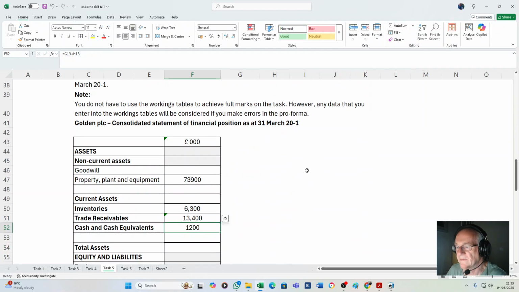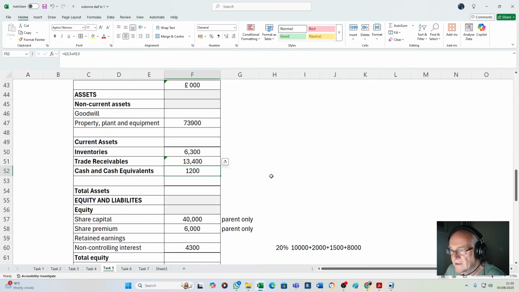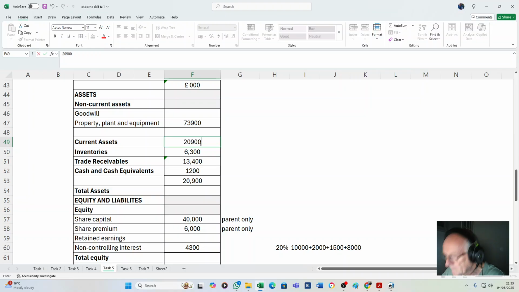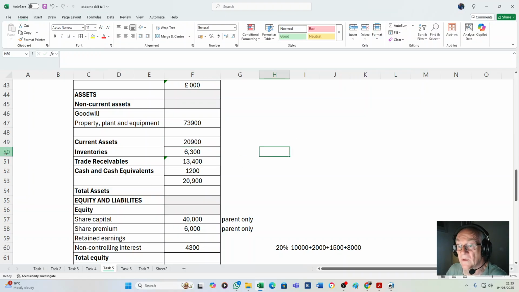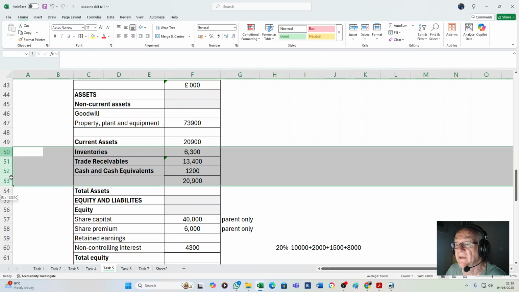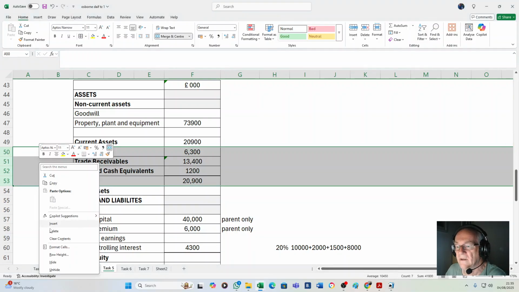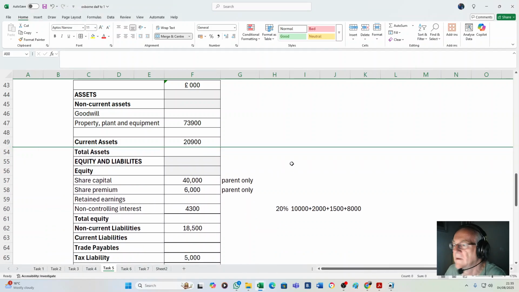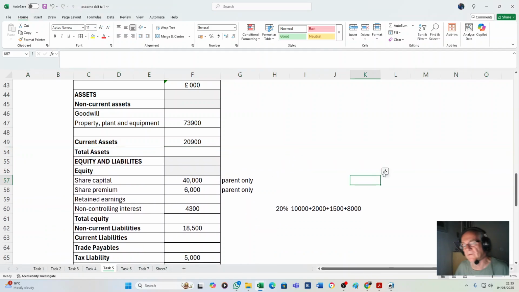We are at 13,400. So in the variations that you'll see, including the AAT practice papers, 20,900, if I put it here, you may just get a workings out box, you may not, and you just end up with the wrong row to put the total of current assets in.